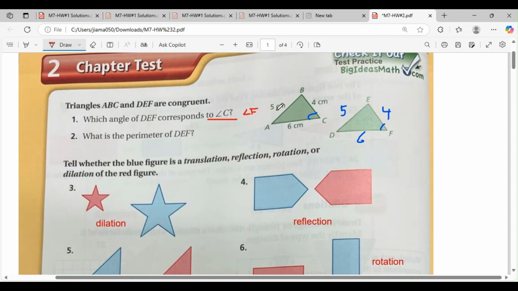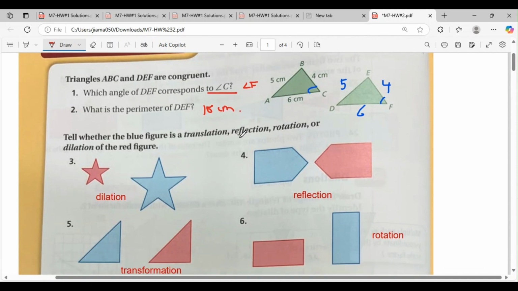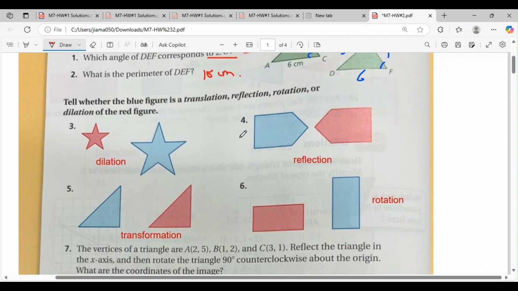So we can just add them together to figure it out. 5 plus 4 and then plus 6, it's 15. Okay, so it's 15. Let's see next.